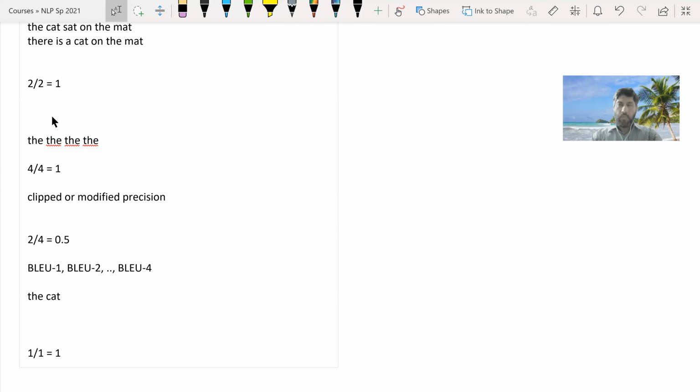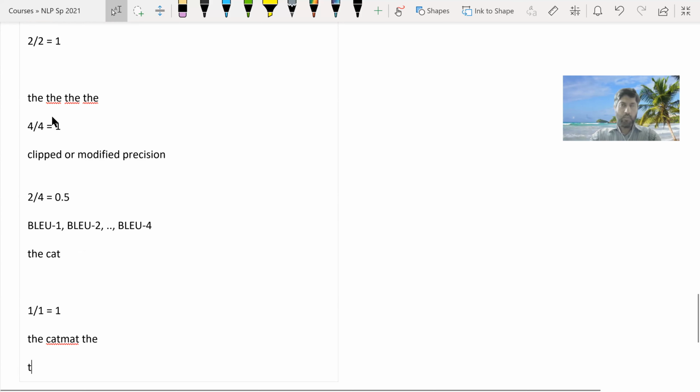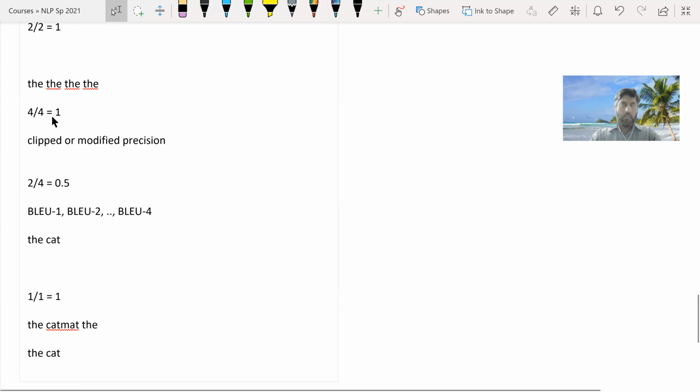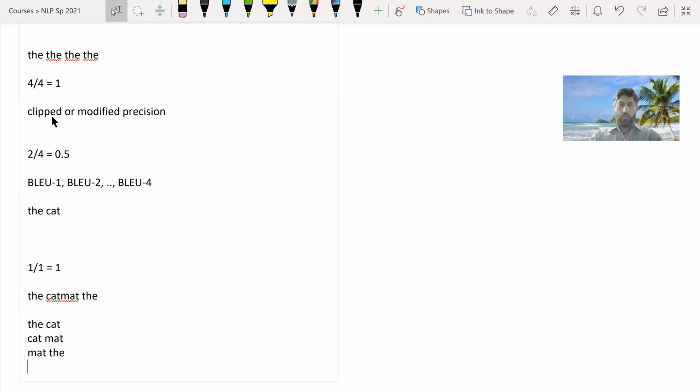But if you have a longer sentence, for example, "the cat met the mat". What bigrams do we have? "The cat" is one, then "cat met", and "met the"... So 3 bigrams. Now you check, do all these 3 occur in my references?